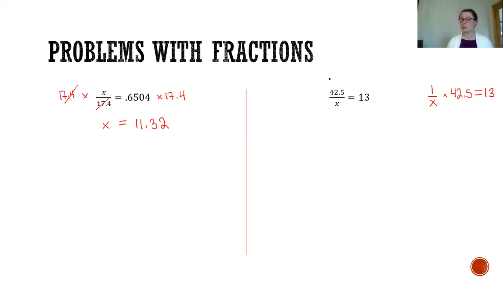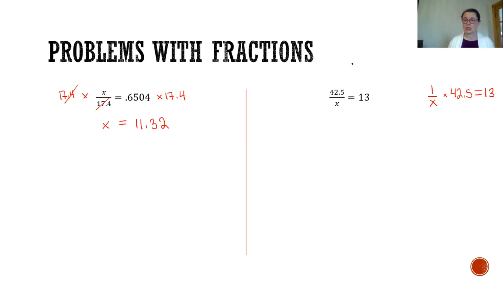A lot of times when people do this question, they'll say, oh, well, it's division, let's just multiply by 42.5. But that doesn't cancel out the 42.5 because we have 1 over x times 42.5. So there's already multiplication here. I know it looks like division, but we really have a multiplication scenario happening. So what I always tell people to do is get rid of the fraction.